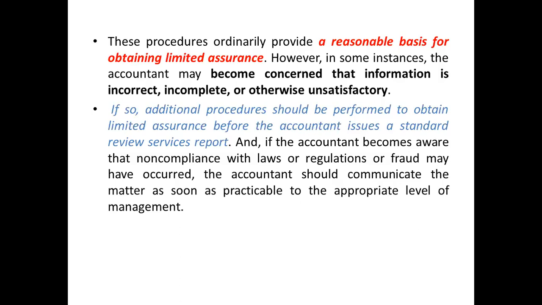Once the author forms his opinion, it is based on only two types of evidence: analytical procedures and inquiry of management. If the author is concerned that this information may be incorrect, incomplete, or unsatisfactory, he may perform other procedures to accumulate more evidence to obtain limited assurance before issuing his review service report.